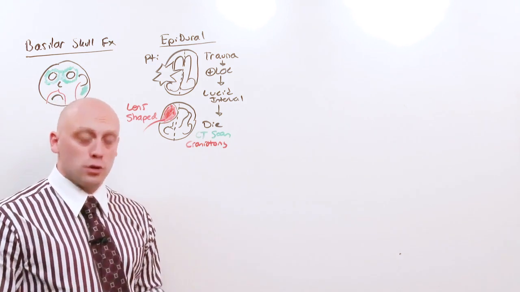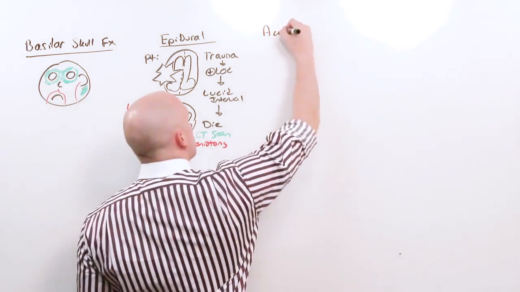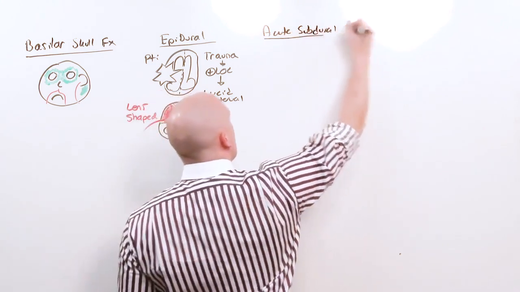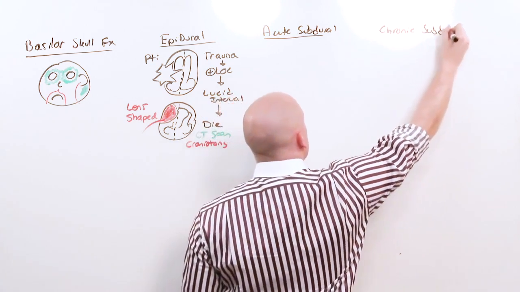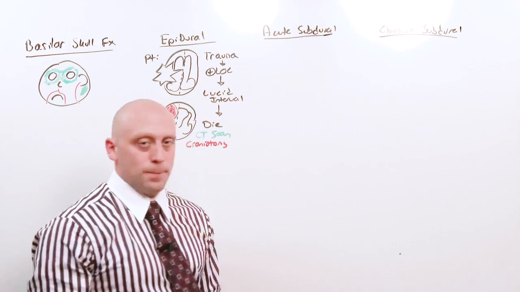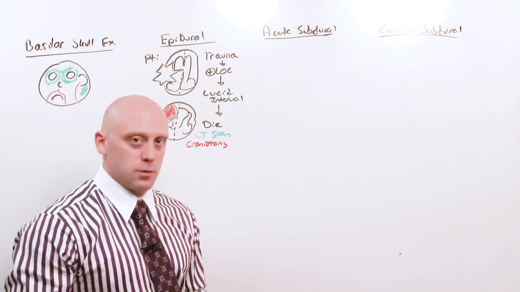Now the other dural is the subdural, and it comes in 2 forms. You're going to have an acute subdural hematoma or a chronic subdural hematoma. And the difference is not in the CT scan, but the difference is in the patient and the trauma. Acute subdurals happen in people who shouldn't have subdurals.